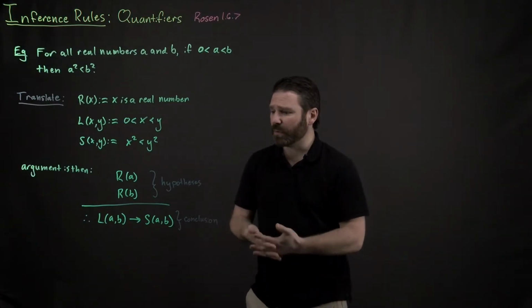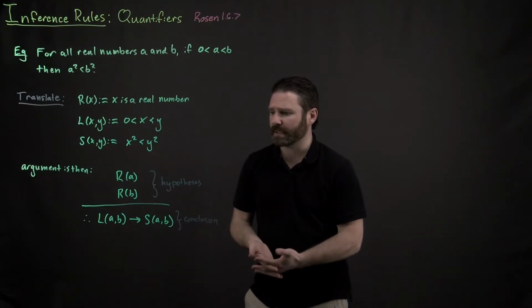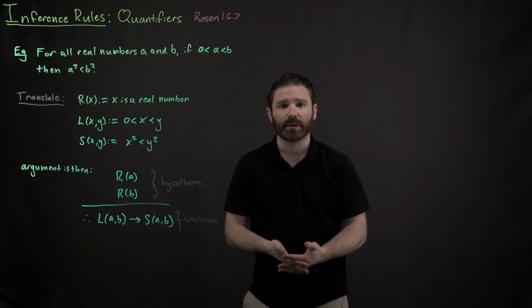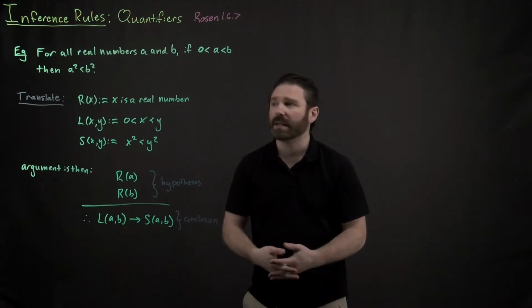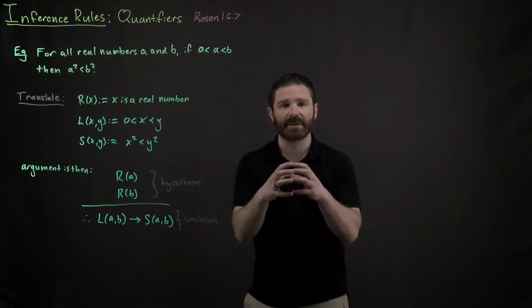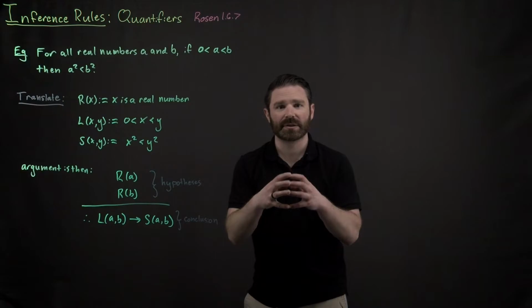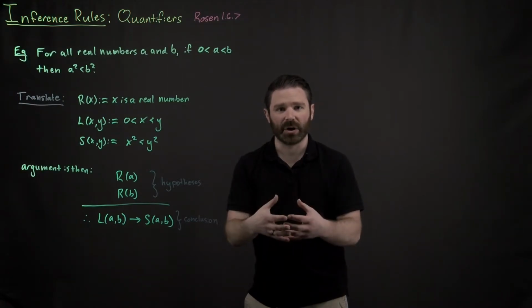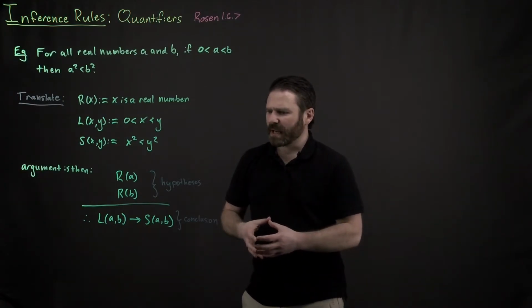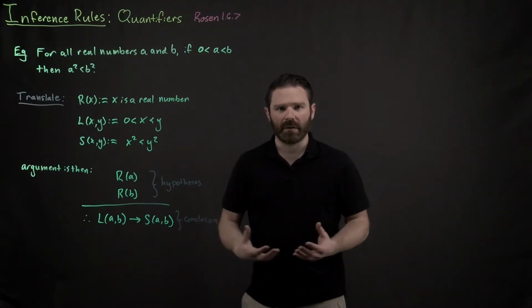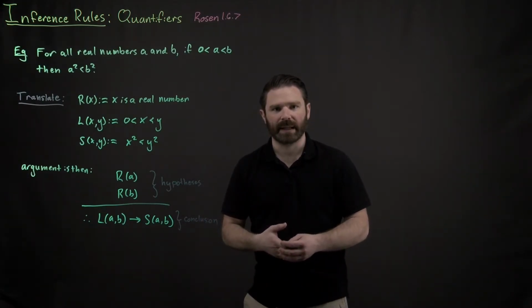And this actually motivates for us why we need to consider proofs and different proof techniques. Because while inference rules are nice, very small ways to represent valid arguments, they don't encompass the entirety of all the ways that you might make a valid argument.